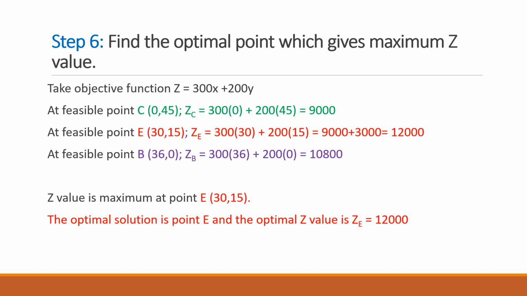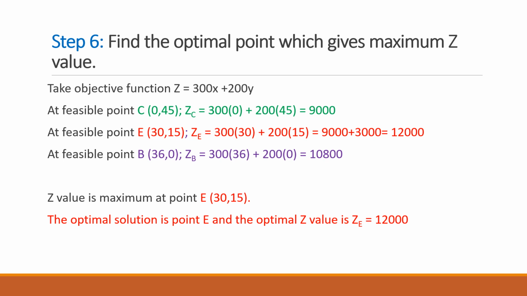The last major step is to find the optimal point which gives the maximum z value. Take the objective function z equal to 300x plus 200y. Check with each point C, E and B. When we look at C, 0, 45, 300 into 0 plus 200 into 45 gives 9000.